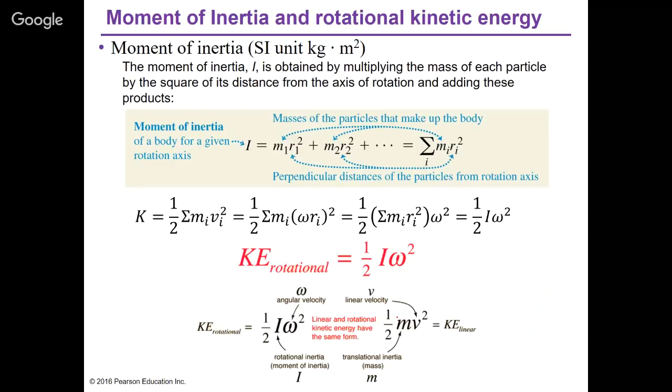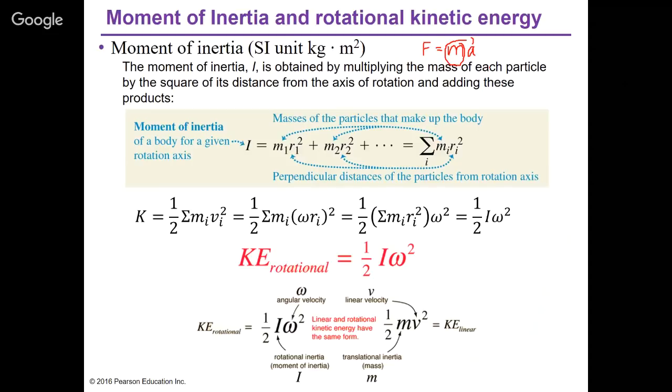So the next thing, once we finish talking about all the kinematics, is to talk about dynamics. The dynamics for us is what we learned in chapter 4, the first equation we talked about, F equal to ma. And here we want to know what is m in the angular space when we talk about rotation.